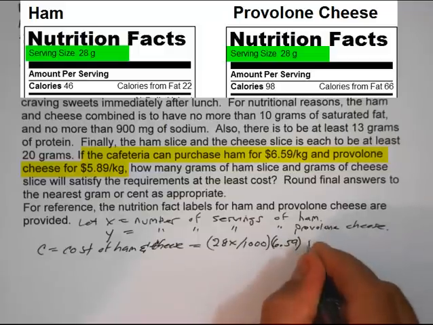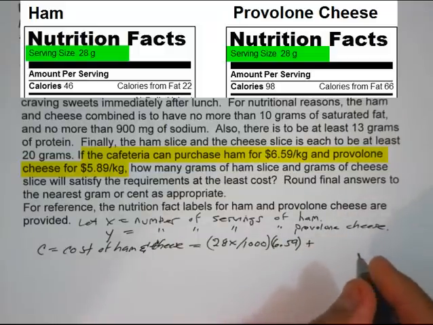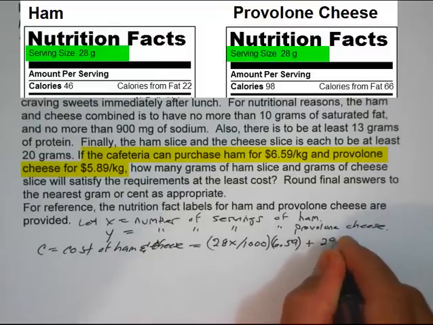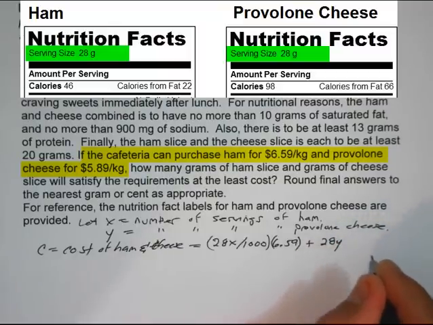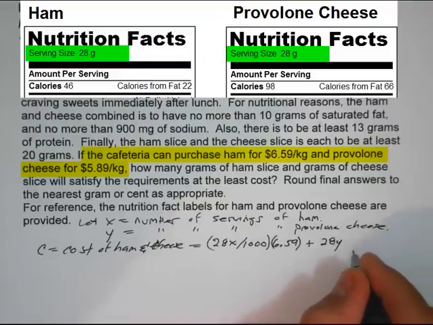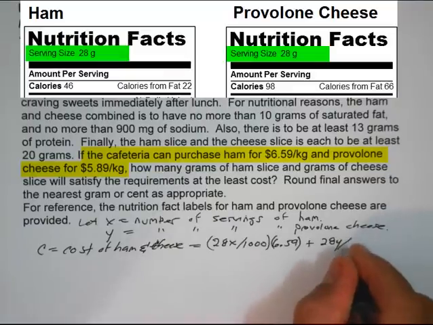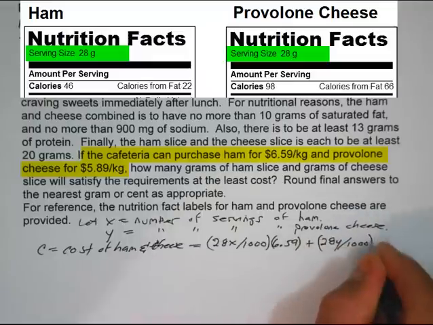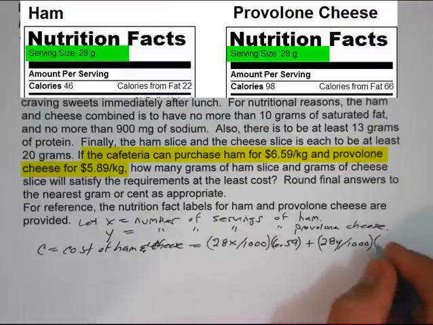Proceeding similarly for the cheese, we have y servings. We multiply first by 28 to get the grams of cheese, divide by 1,000 to get kilograms, and then multiply by the per kilogram price of the cheese, 5.89.